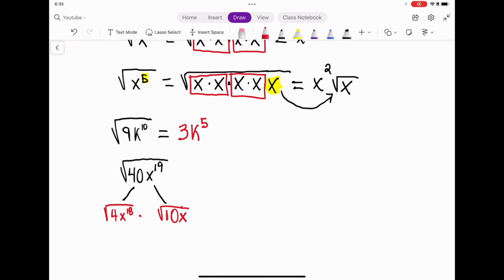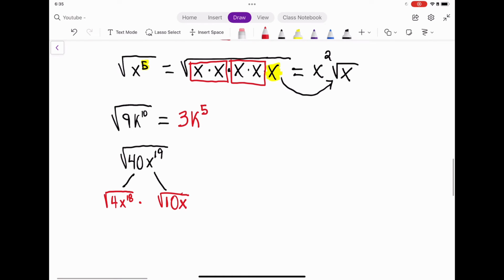So now when we come to simplify, radical 4x to the 18th power is going to simplify to 2 because 4 is a perfect square, square root is 2. And then x to the 18th, once we divide 18 by 2, we're going to have x to the ninth and radical 10x. We don't have two x's to pull out, so it is going to stay the same, and radical 10 cannot be broken down anymore. So this is going to stay the same.